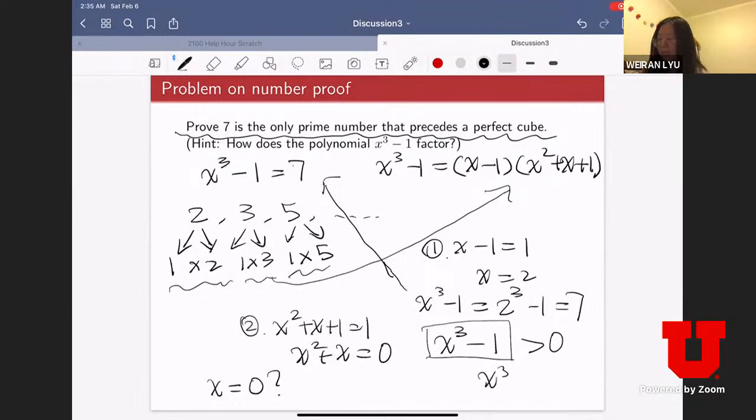So we know that x cubed has to be greater than 1. So the second case cannot actually exist at all, and hence the first case is the only answer. So 7 will be the only prime number. Yep, right. And the definition of the primes is that they are positive integers.